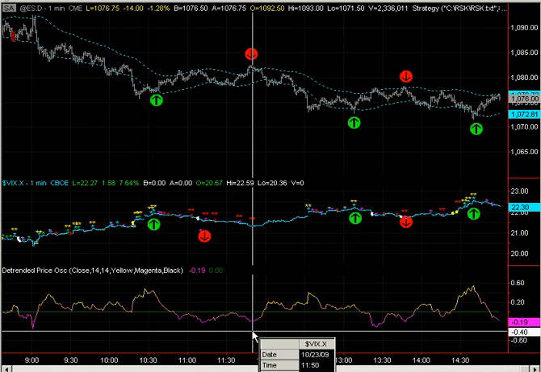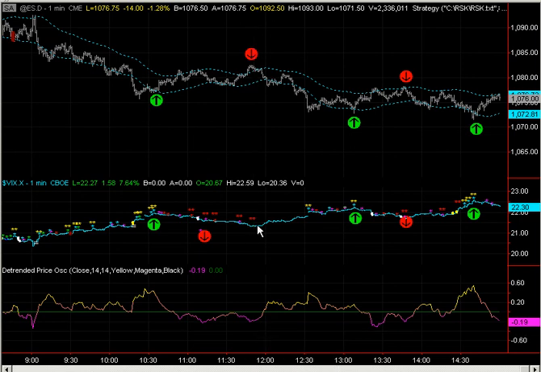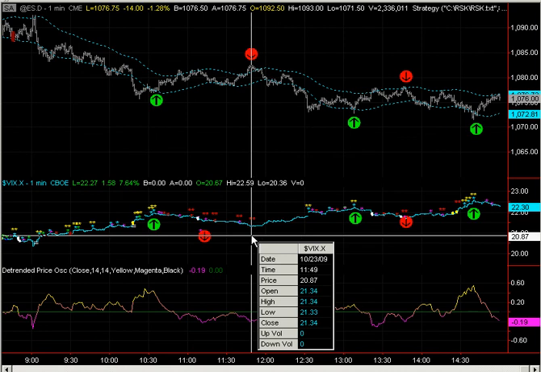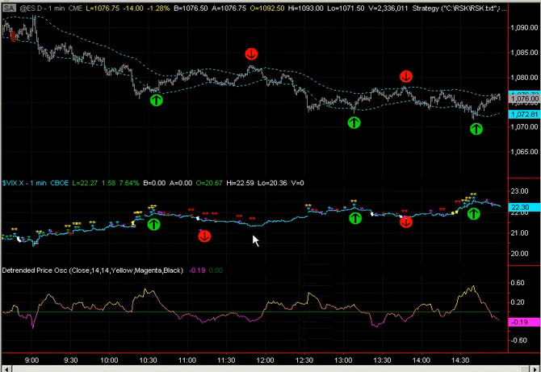Then it's a negative 0.18. When it went from negative 0.19 to negative 0.18, where the Spoos are at the same price, that's a type 1 divergence. Opportunity to short.